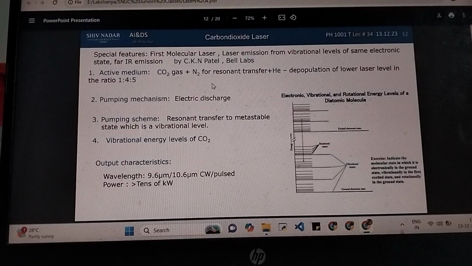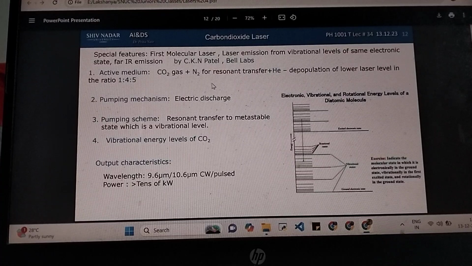Corresponding to each of these types you have separate energy levels, electronic energy levels, vibrational and rotational. These energy levels correspond to the same electron. So the same electron has electronic energy levels, vibrational and rotational. They are three separate entities which coexist for the same electron.